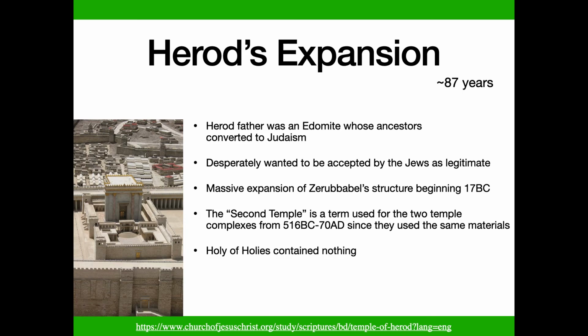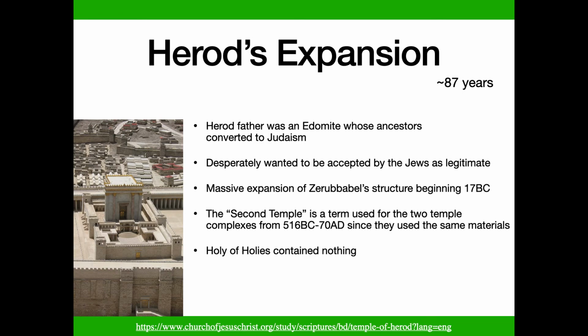And he so desperately wanted to be accepted by the Jews as a legitimate heir to the throne. He thought he was the prophesied person to come and build up Jerusalem, the great builder. As a person of Israel, he was technically baptized. He was part of the covenant, but nobody accepted him.